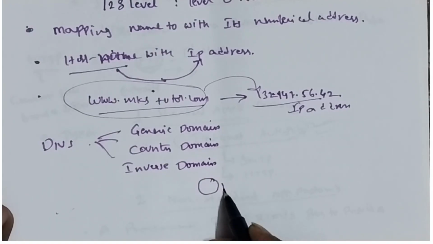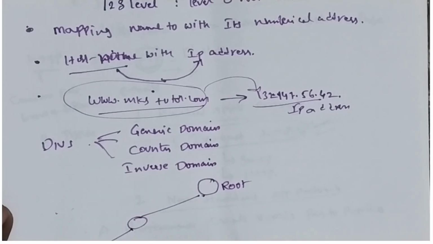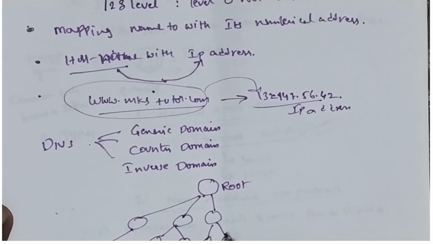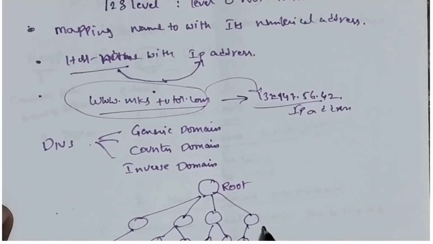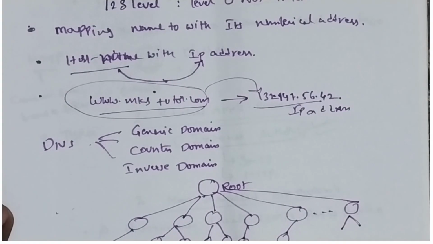This is the root domain, and it contains several sublayers like this. In this one, the inverse domain is one type, and there are generic domains and some country domains.